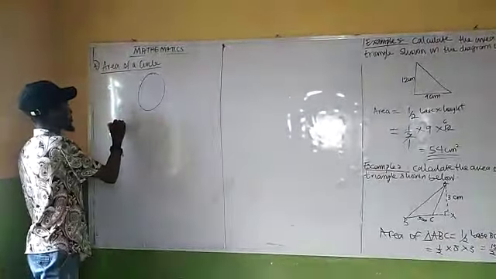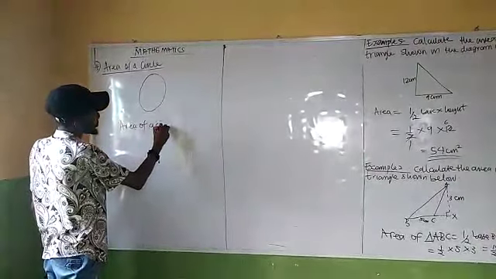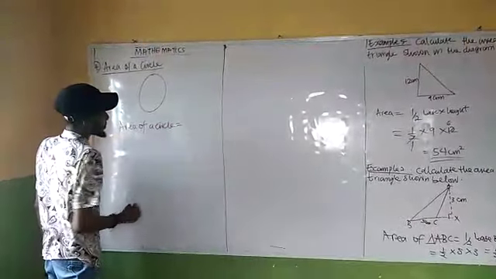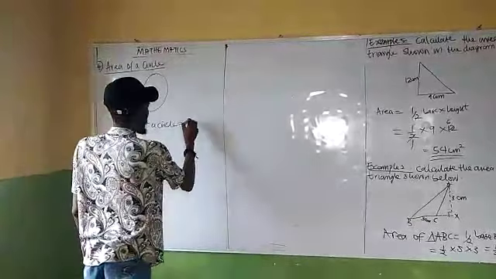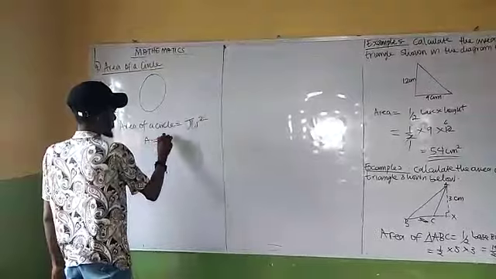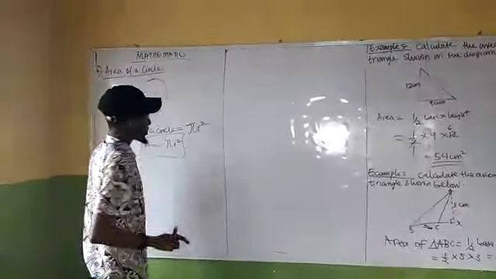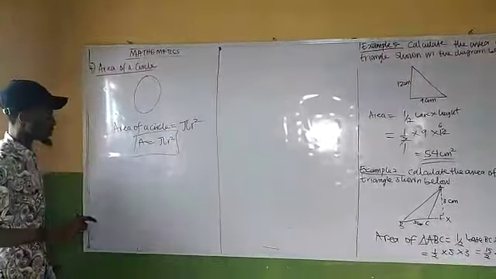So now, the area of a circle. The formula for determining the area of a circle is pi r square, okay?